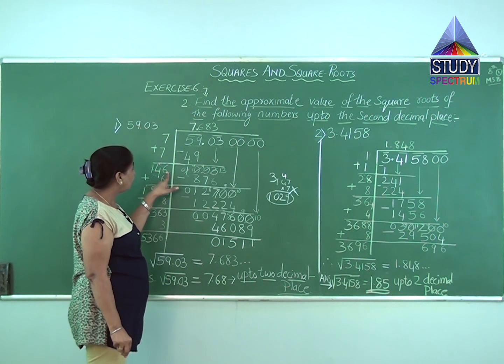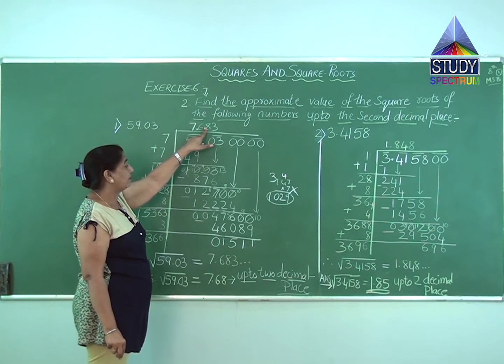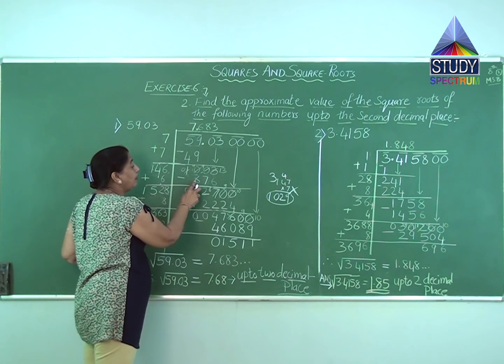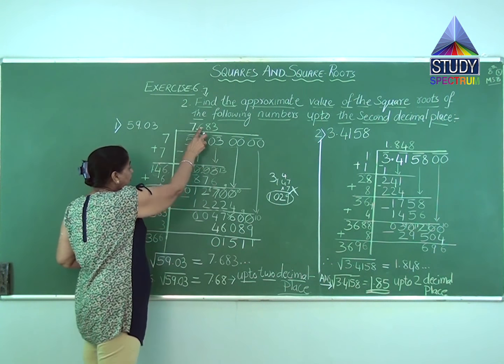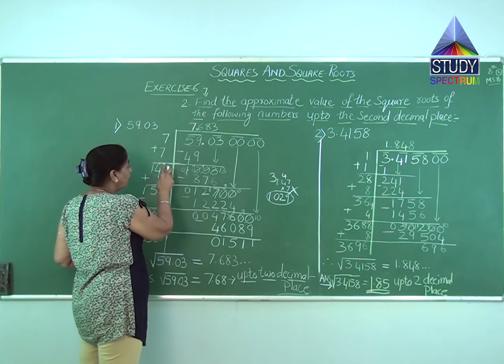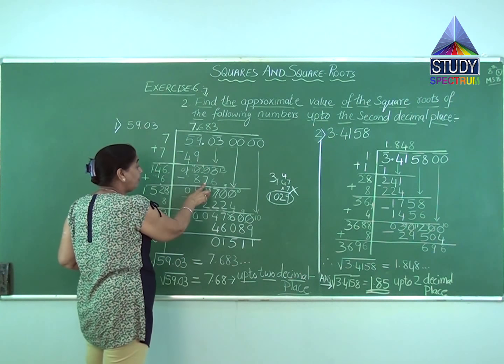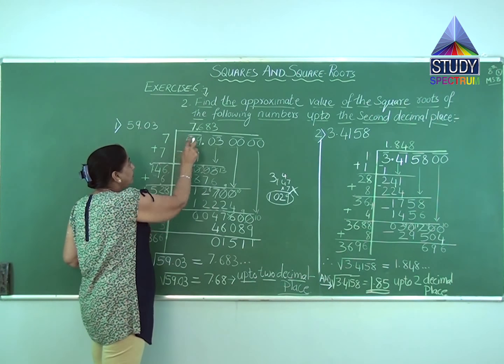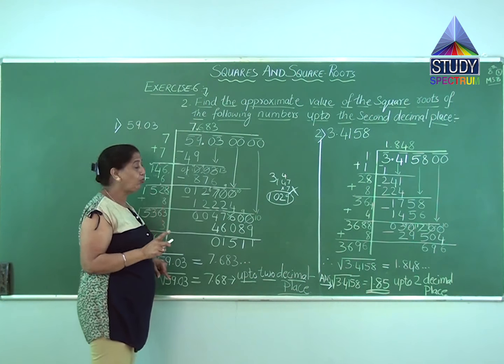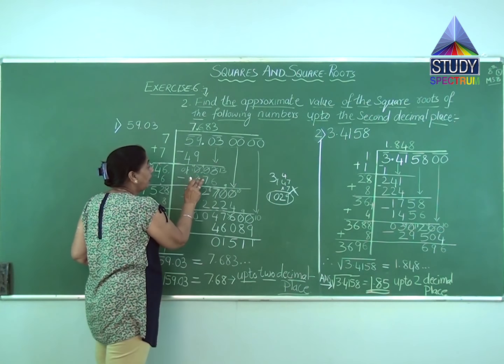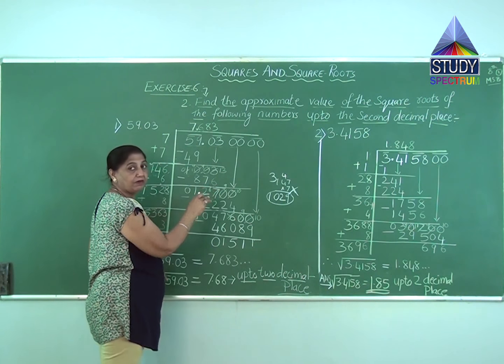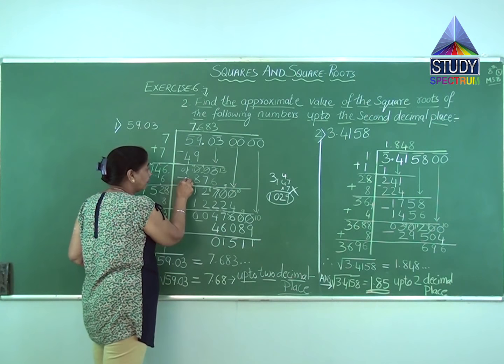Now 146 multiplied by 6 gives me 876. See, 6 into 6, 36, 3 carry. 6 into 4, 24 plus 3, 27, 2 carry. And then 6 into 1, 6 plus 2, 8. So I got 876. Right? Now subtract this.